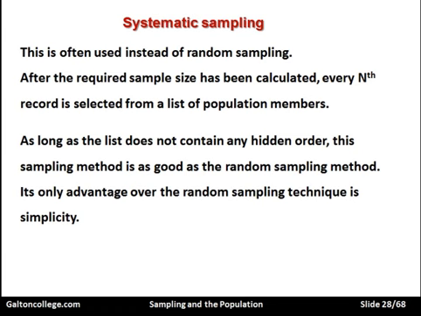Its only advantage over random sampling is its simplicity. Random sampling can be very complicated. Given a population, let's say people's attitudes, and let's say you want to pick up the people's attitudes across the whole country. If it was possible now to draw a random sample from the whole population, this random sample may be spread right throughout the country.